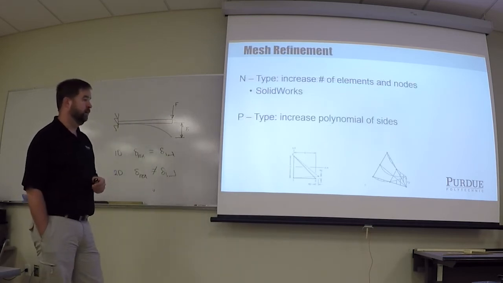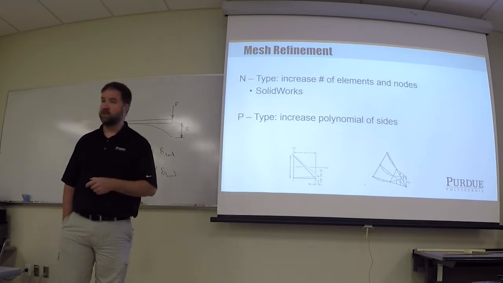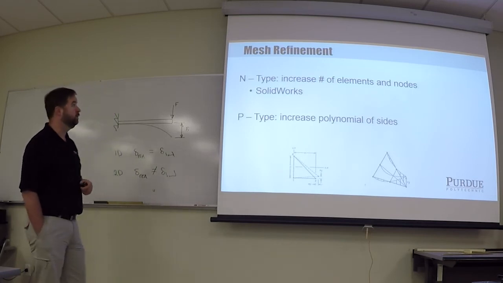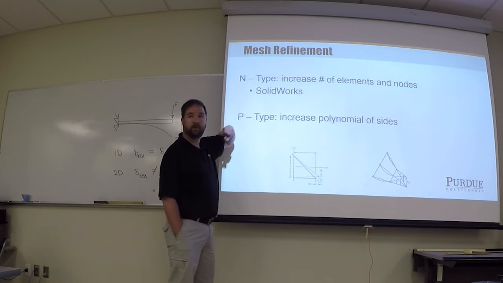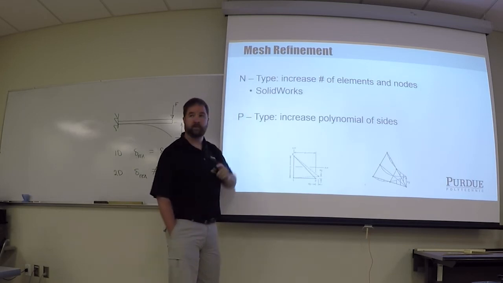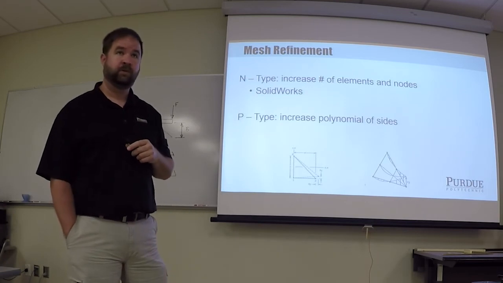Okay? All right. So, we're going to have to start doing something called mesh refinement. There are 2 types of mesh refinement. There's N-type mesh refinement. I like to think in my head, N refers to number. So we're increasing the number of elements, the number of nodes, and we're getting closer and closer to the perfect result.